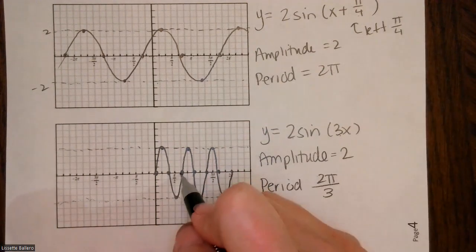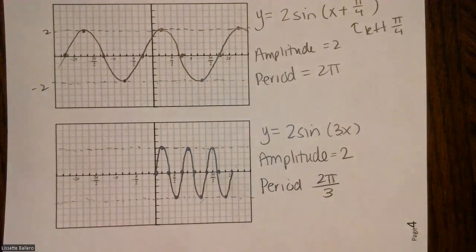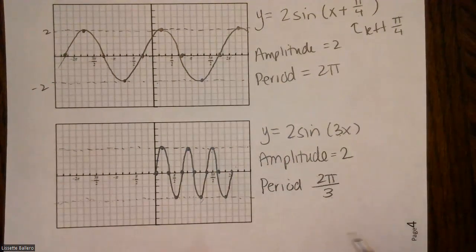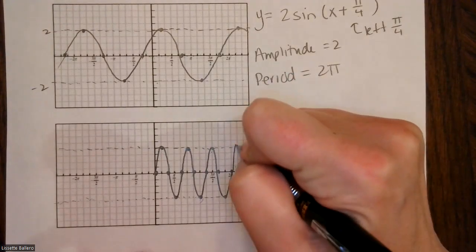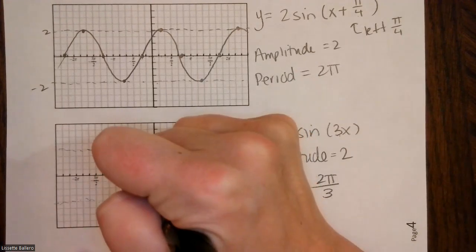And so we've got 1, 2, and 3 within that 2 pi, which is what we're doing right here. You can keep going. And you could keep going to the negative side.